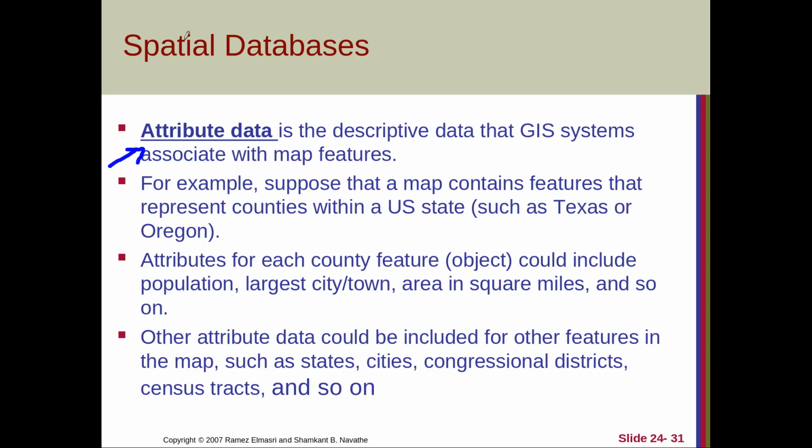It is actually the descriptive data that a GIS system associates with map features. Some descriptive data, that means some explanations regarding an object that is present in the map. We are representing map objects by using either line, polygon or points. Now we need to provide some description on that particular area.